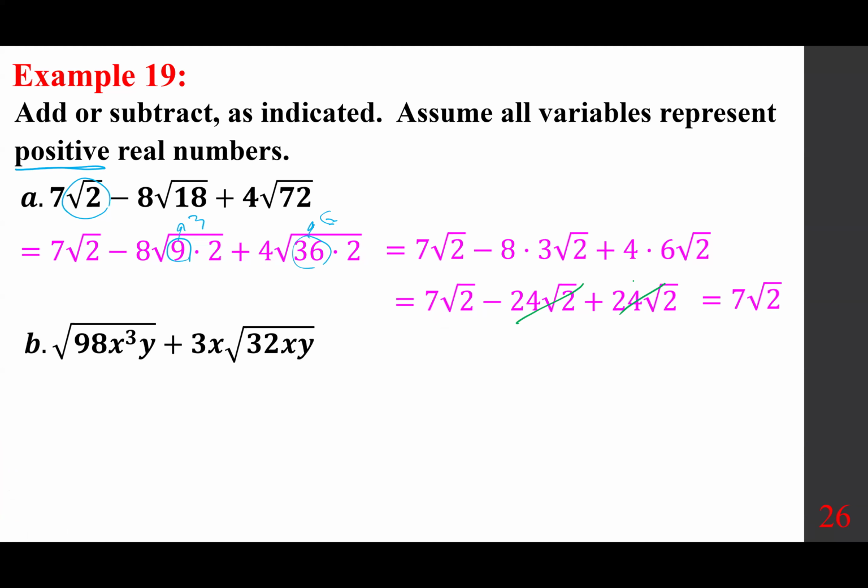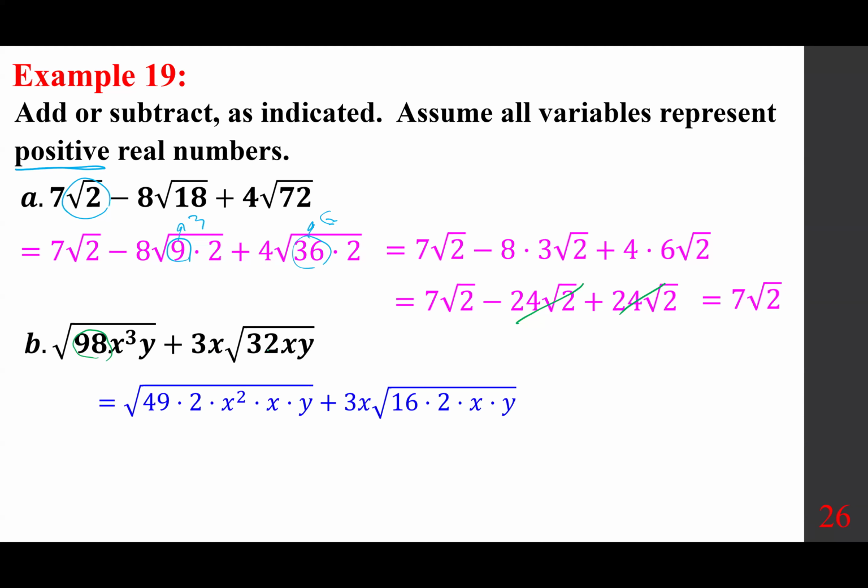Again, you can go with the method that is discussed here or the method that I showed you, okay? 98, you can prime factor it, or you may recognize it as 49 times 2. x cubed is x squared times x times 1. This doesn't change. 32 is 16 times 2.